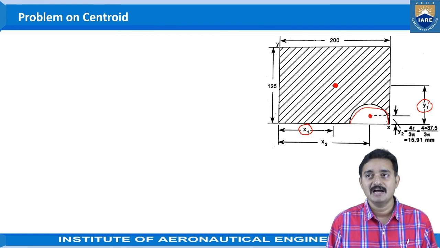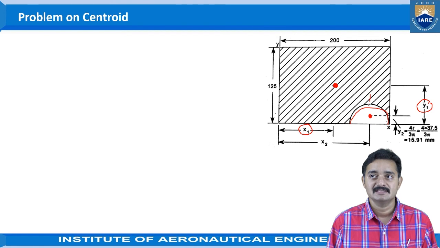As this is symmetric about this axis, we can say that from this edge, from this corner, this distance would be the radius, right? So this distance from the y-axis, we can add the complete distance here so that we can get the value of the centroid from the y-axis.